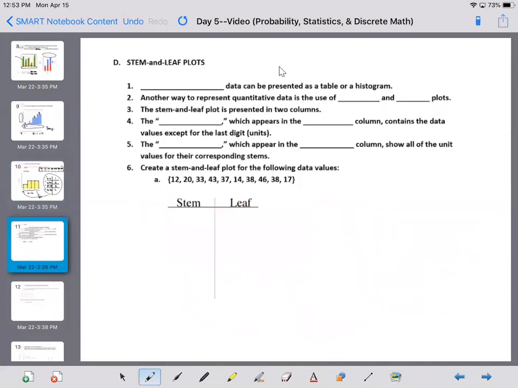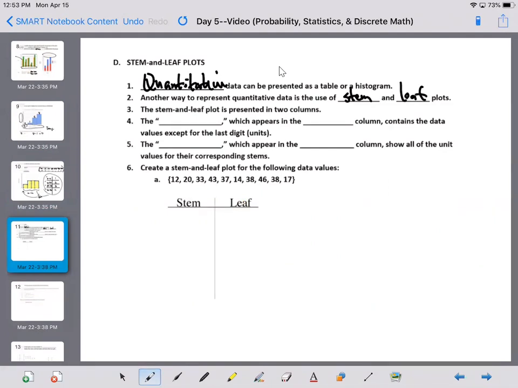When we think about stem and leaf plots, this is also quantitative data that can be presented as a table or as a histogram. Another way to represent quantitative data is the use of stem and leaf plots. Stem and leaf is represented in two columns.